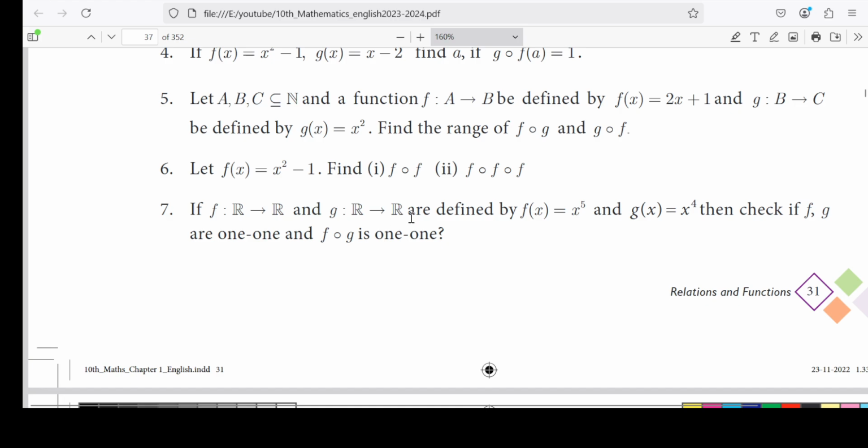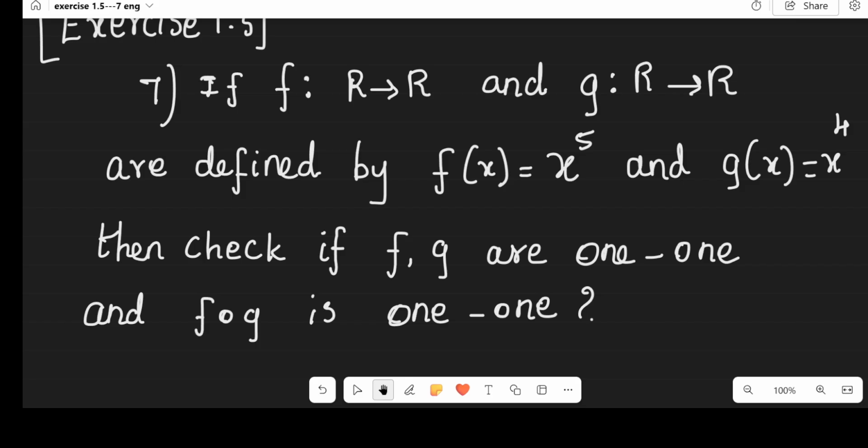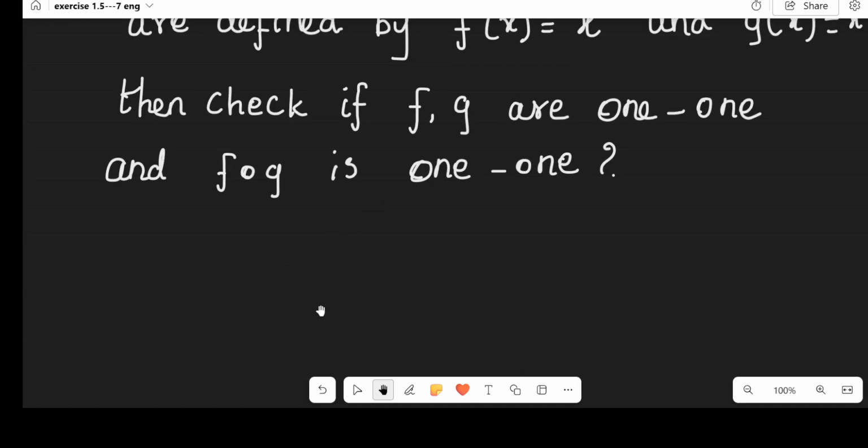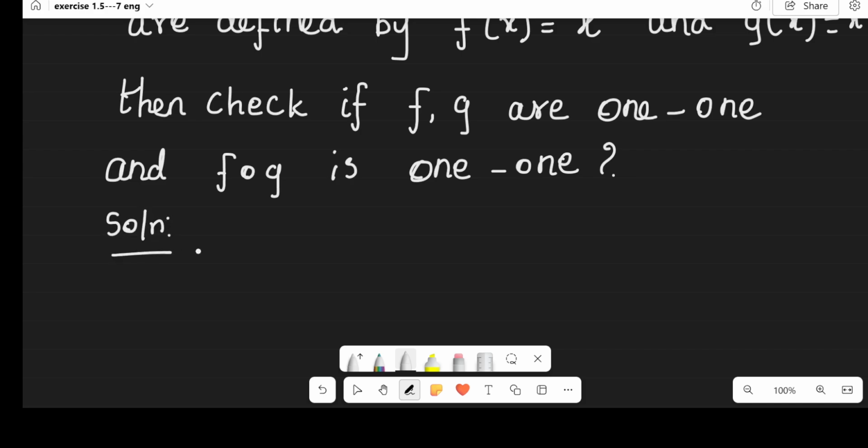Now we are getting into the solution. For the solution, we need to write the given information first. What is given? f of x and g of x are given, right? f of x equals x power 5.